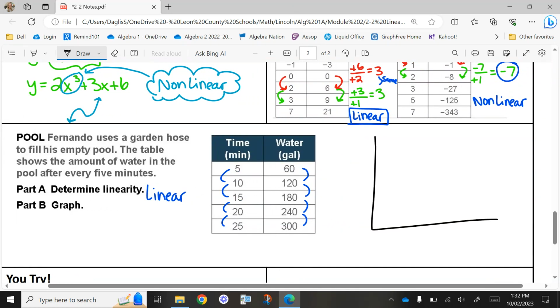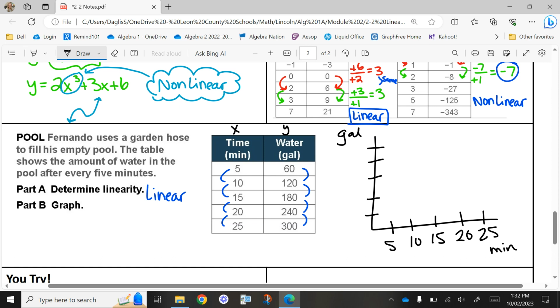So here we go. We're going to make our time our x values and our y's are gallons. 5, 10, 15, 20, 25. That's how I'm going to label my x values. I'm going to even label that axis as my minutes. And then my y's go by 60s, so I can go 0 to 60, 120, 180, 240, 300.